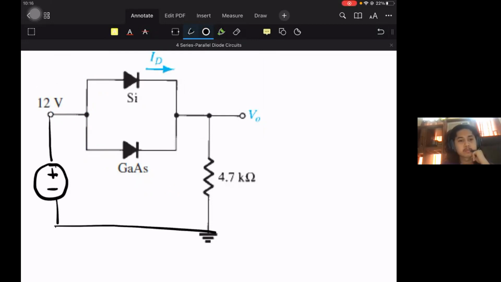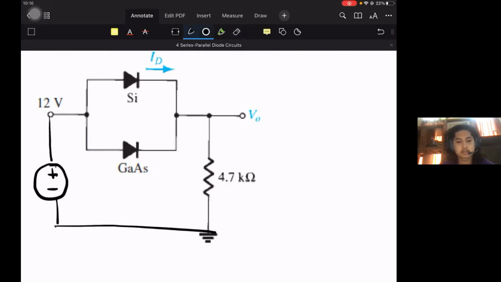So think of the electrons flowing through the two, and it's as if one of them will fill up first.